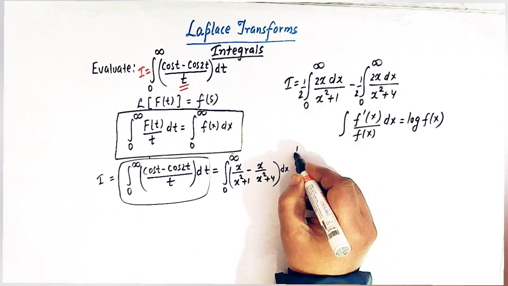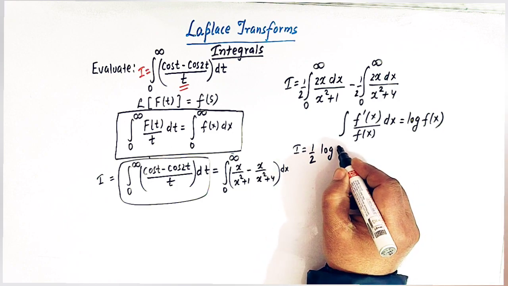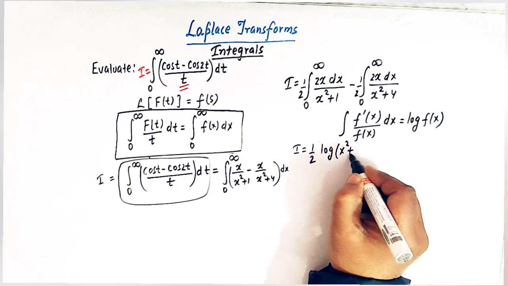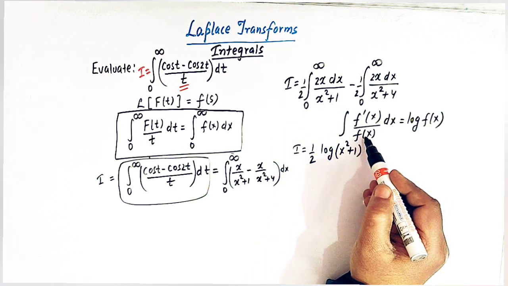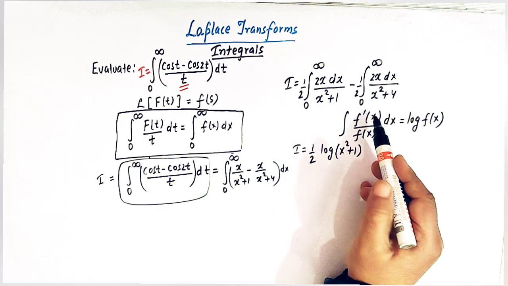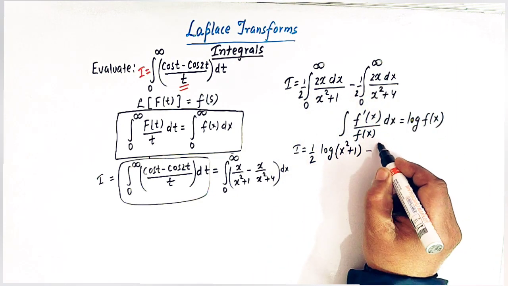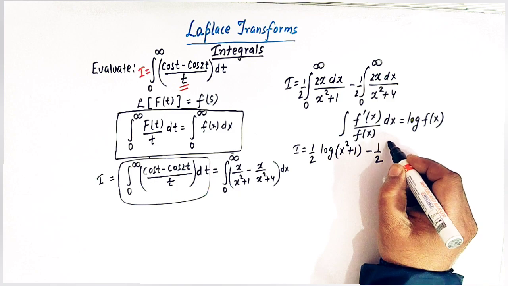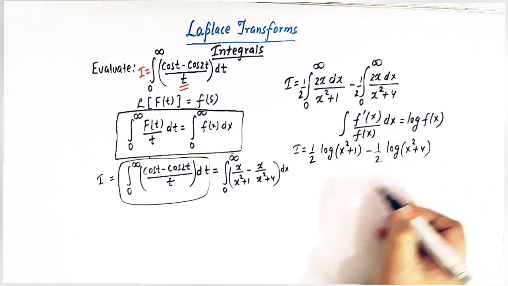So here we have now a half, and we have log of x square plus 1. f of x can be written as x square plus 1, so we have f prime of x as 2x, right? And similar is the case with this one. So we have 1 over 2, and here we have log of x square plus 4, right?